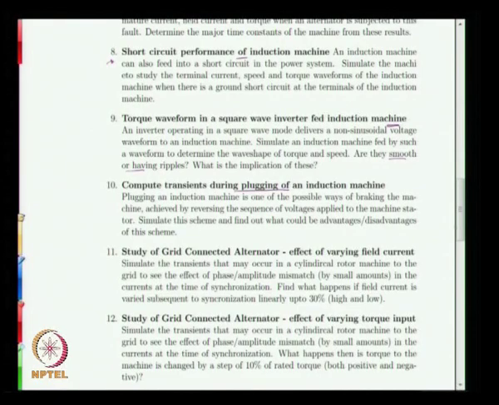It will bring the induction machine to a stop very fast, but this is not advisable on a normal machine because it will subject the shaft to a very severe stress, and therefore this is not normally used, but at least one can study it in simulation to see what really will happen during this kind of a setup.